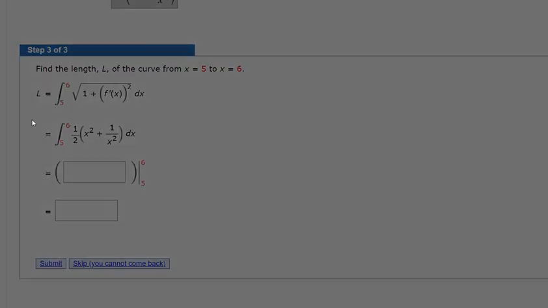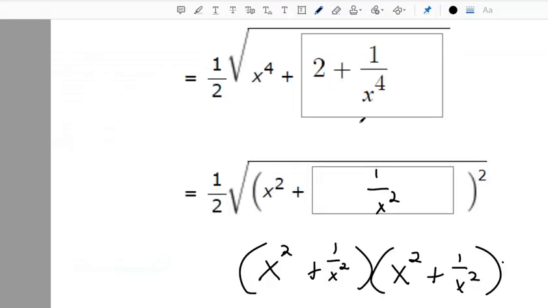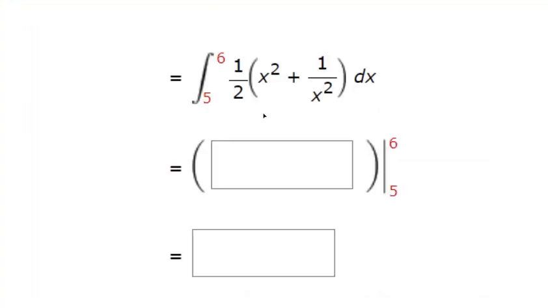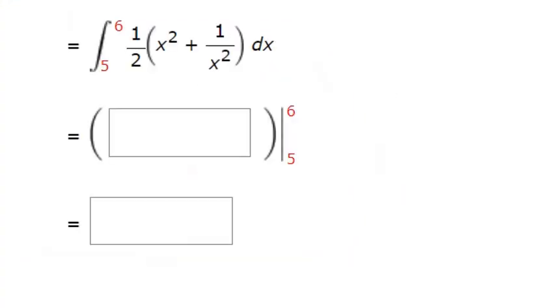I'll write this out. We can factor out that 1/2 when we evaluate the antiderivative. Yeah, I think that's fine. I'm going to do it over here though.